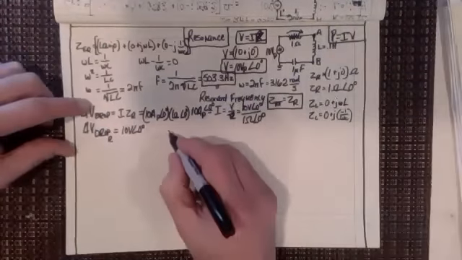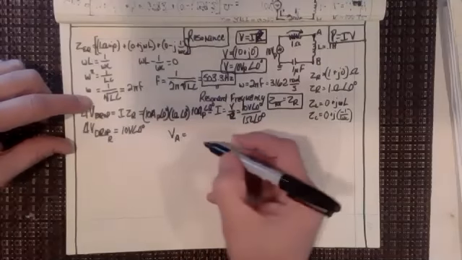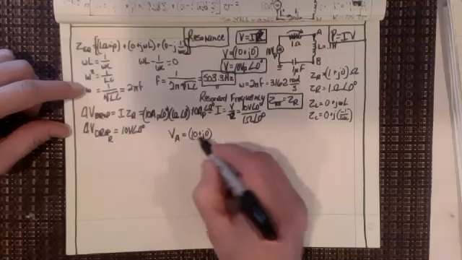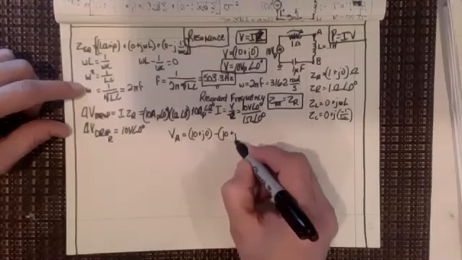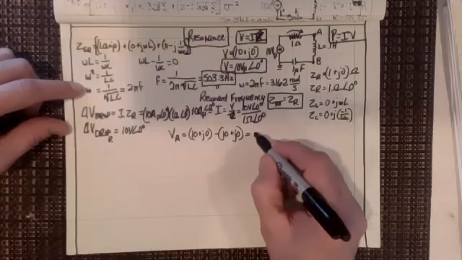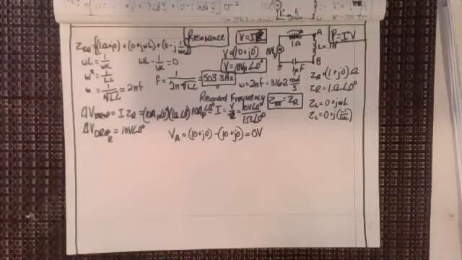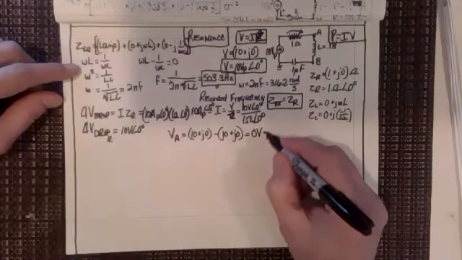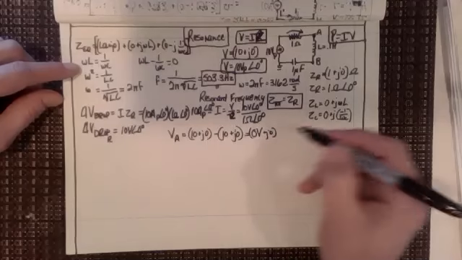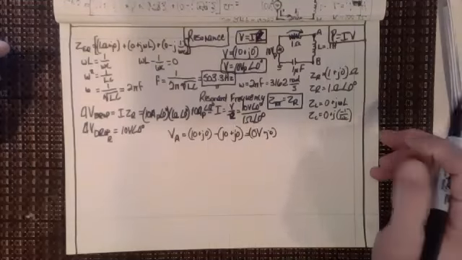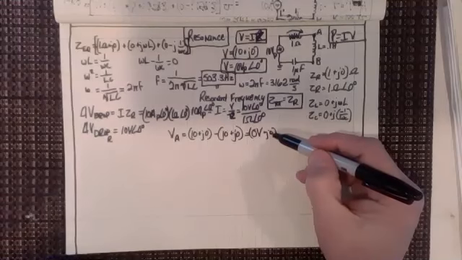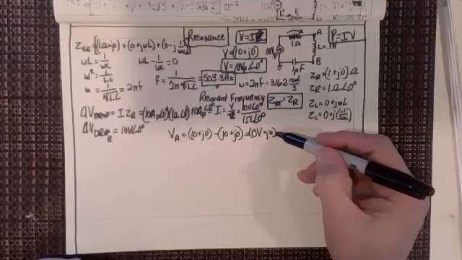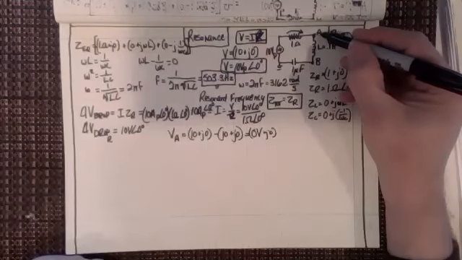So that means that the voltage at A is 10 plus j0 minus 10 plus j0 equals 0 volts. Fantastic. 0 volts, of course, plus j0, because we're working in complex numbers, we always want to put that imaginary section in there too, don't we? That's the voltage at A.